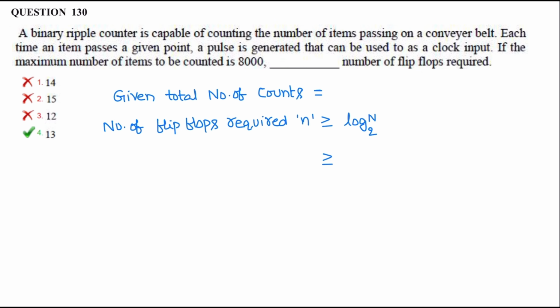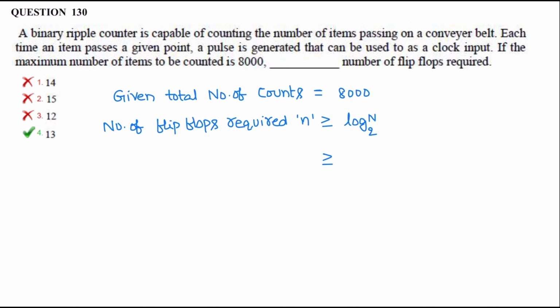Given, the total number of counts is 8000 counts, and we need to calculate the total number of flip-flops. The number of flip-flops required n is greater than or equal to log n base 2, and this is the formula to calculate the number of flip-flops.